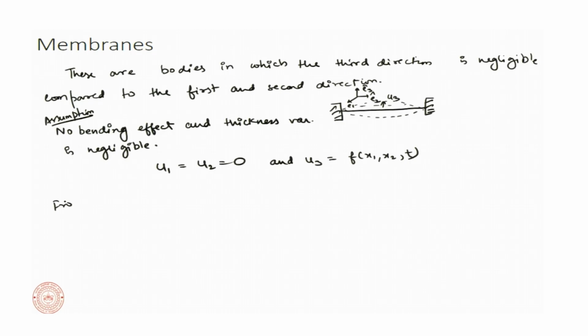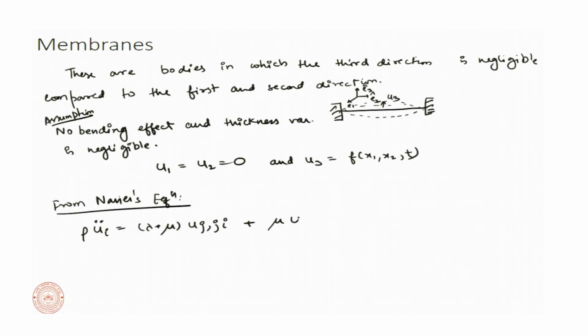So, from Navier's equation, we had rho u_i double dot equals lambda plus mu, I am just replacing i with j from the last example, since we are repeating with respect to i or j, u_j,ji plus mu of u_i,jj plus rho b_i.